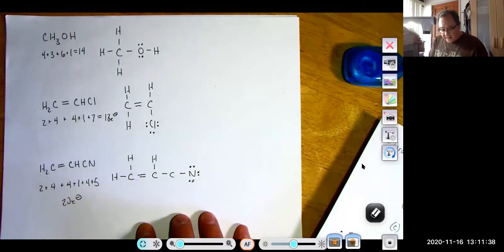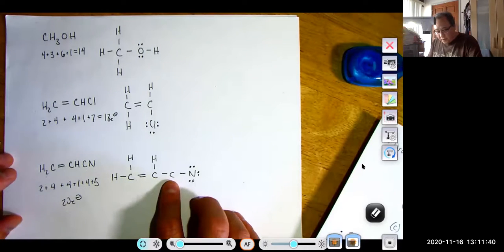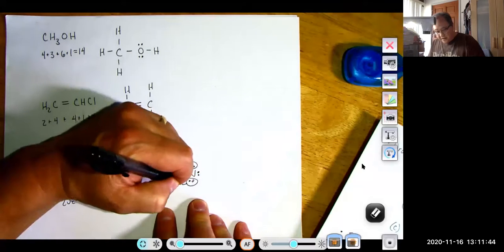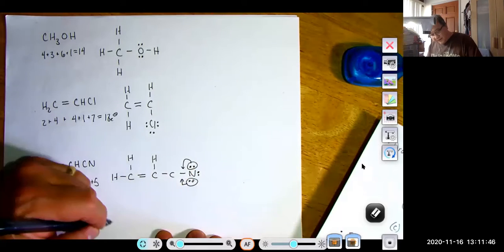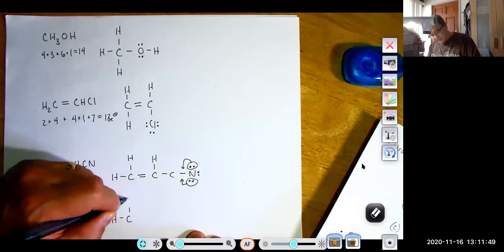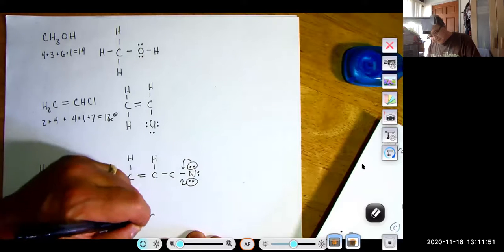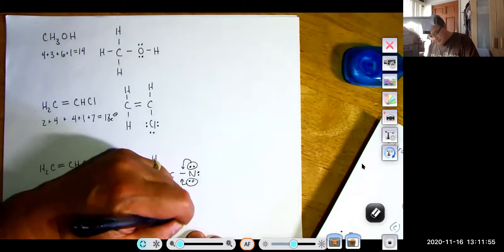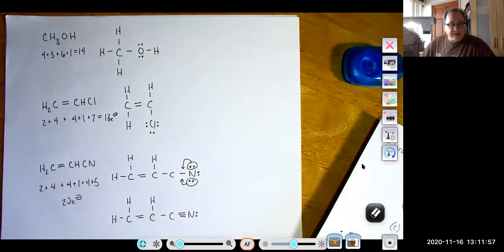And to make an octet on this carbon, we're going to have to take 2 of these and make a bond, and another 2 of these and make a bond. And we end up with this. And every atom has its octet.